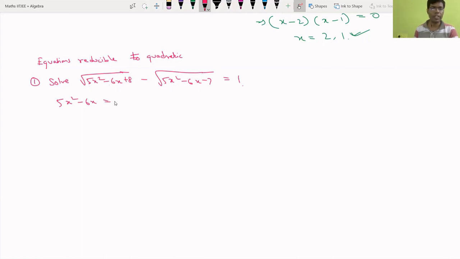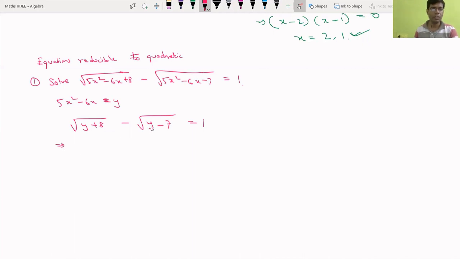So if I put that as another variable y, then my problem becomes a little simpler. So this becomes under root of y plus 8 minus under root of y minus 7 is equal to 1. Now it looks quite simple compared to this.